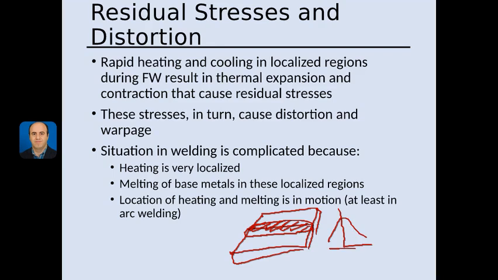If we look at the cross section, for example, we cut it and see how the stress looks like, and we see it's like a bell shape. This is the stress, and this is distance from the weld line. We have tensile stress near the center line, and that causes distortion.